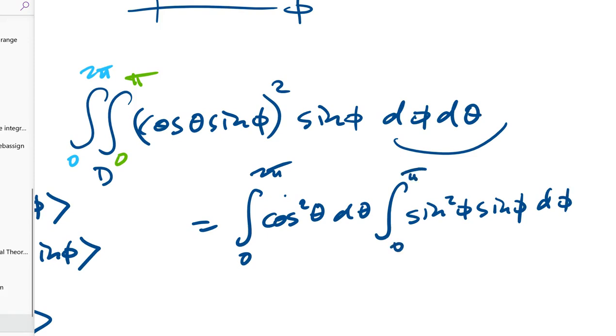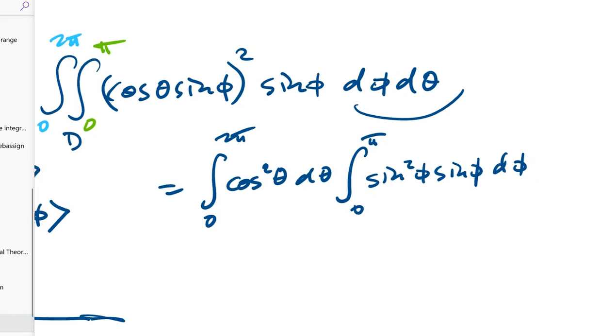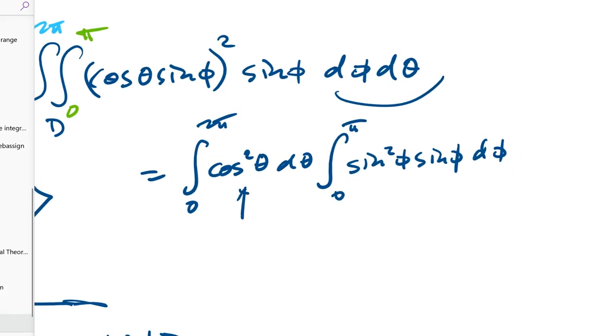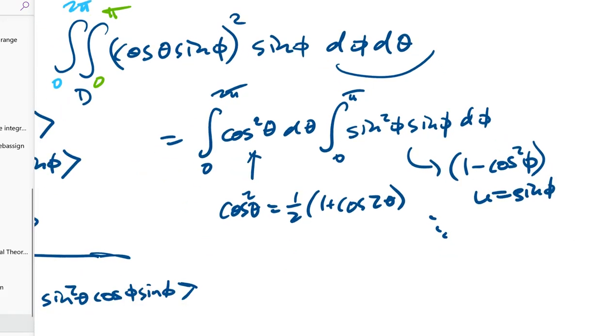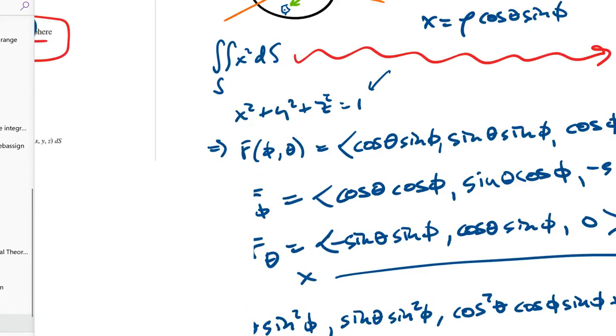So then you probably have to use that cosine squared of theta is 1/2 times 1 plus cosine of 2 theta. And then here, you'll split that sine squared of phi into 1 minus cosine squared of phi, and then use u substitution with u equals cosine phi, and continue on. The answer is 4 pi over 3. All right, so that's one problem.